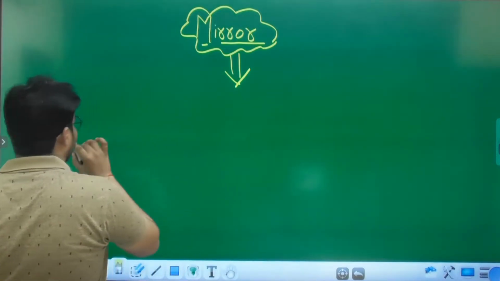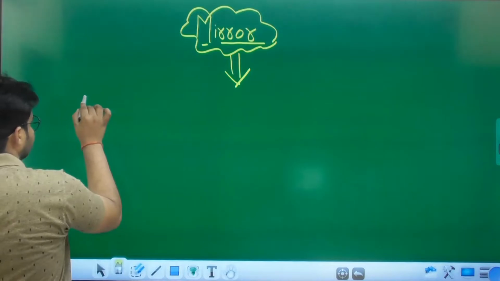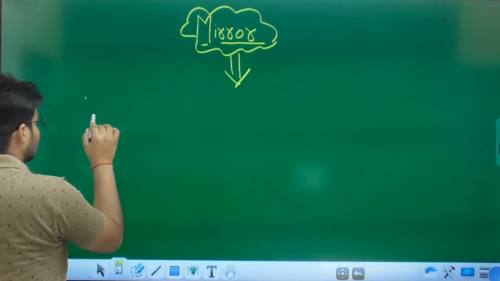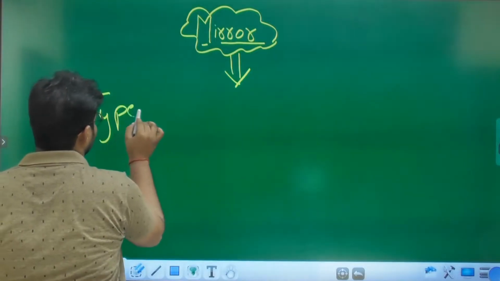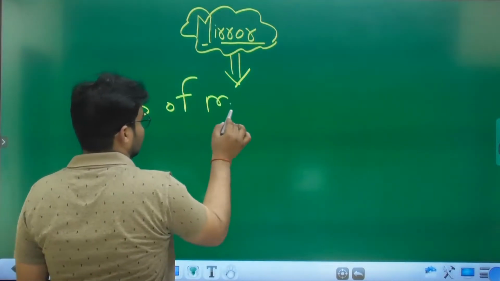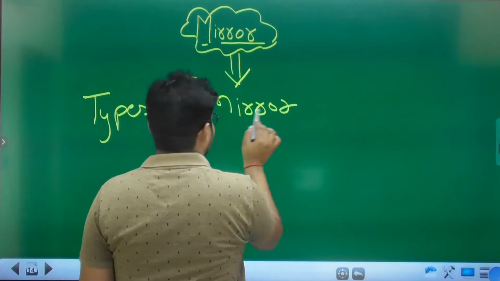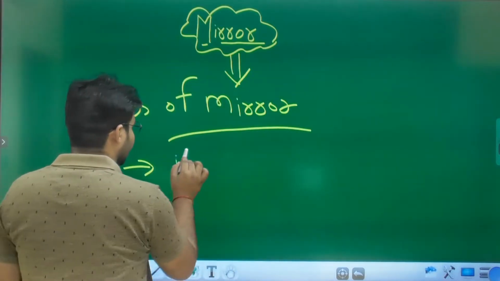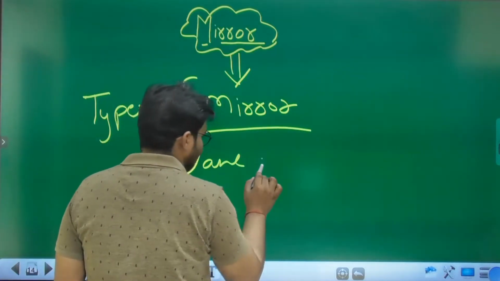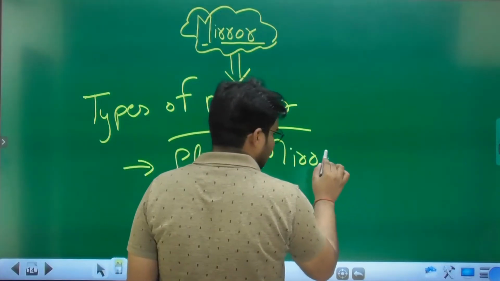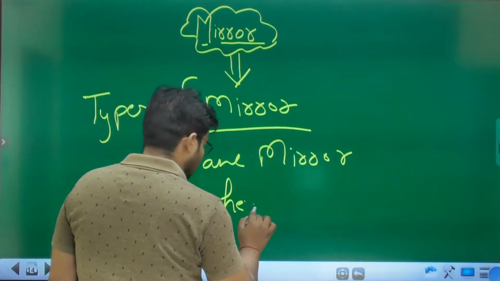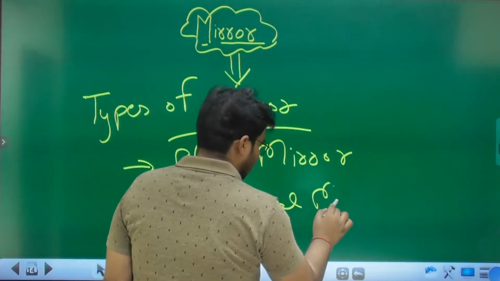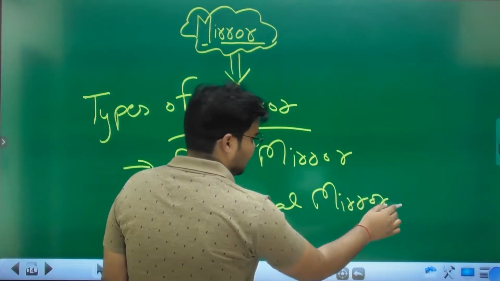So there are two types of mirror. First one is the plane mirror, and second one is the spherical mirror.